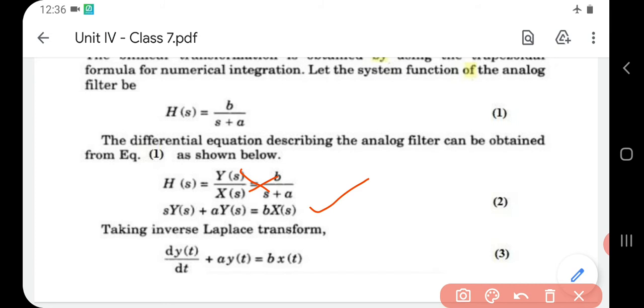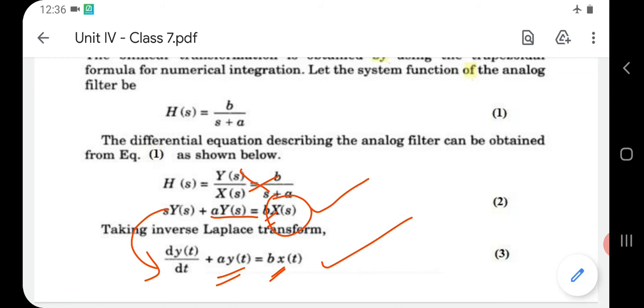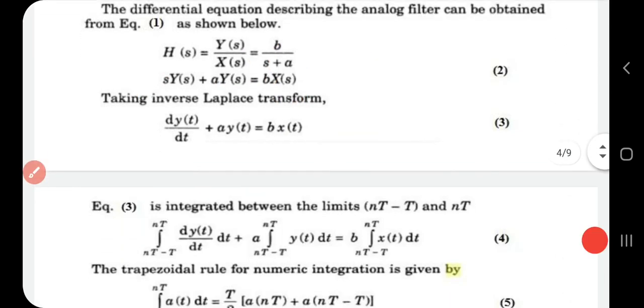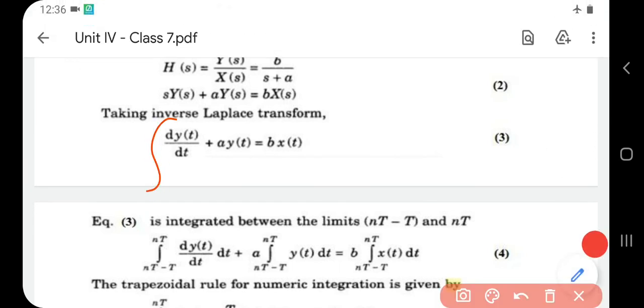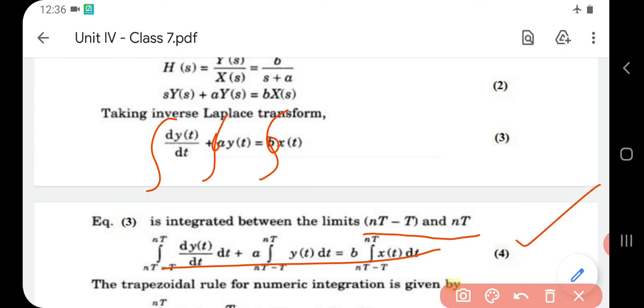Now we take the inverse Laplace transform of equation 2, so this becomes dy by dt plus a, a being a constant, times y. The inverse Laplace transform of Y(s) is y(t), b is kept as such, and the inverse Laplace transform of X(s) is x(t). So we get equation 3. Now we apply the limits on both the LHS and RHS of equation 3, taking the constants a and b outside, with the limits of integration from nT minus T to nT. So we get equation 4.